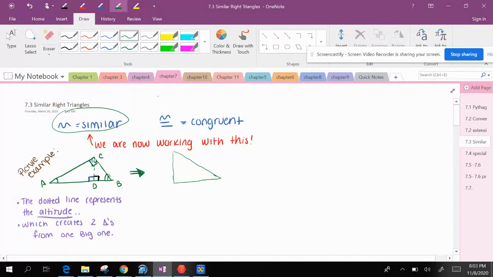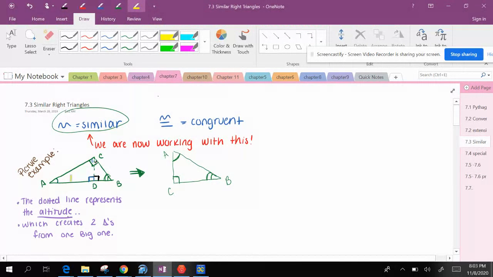As you can see, my A vertex has one tally, my B has two. So I'm going to redraw it. I'm going to flip it around because right now it looks like it's fallen or something. I'm going to put my right angle, and I'm a creature of habit, I'm going to put one tally up top, two tallies bottom right. And I'm going to label them appropriately. So A had the one tally, B had the two, and C was the right angle.